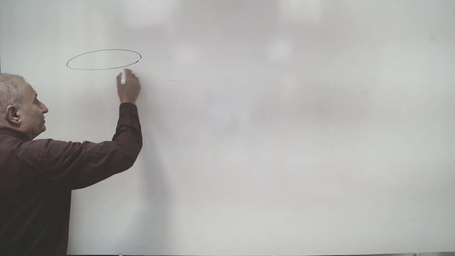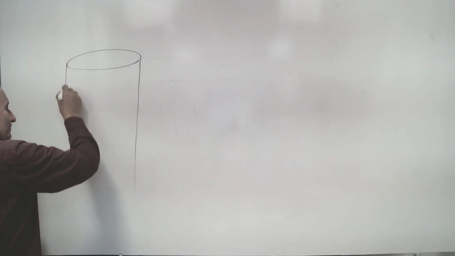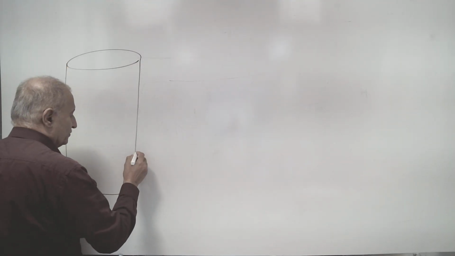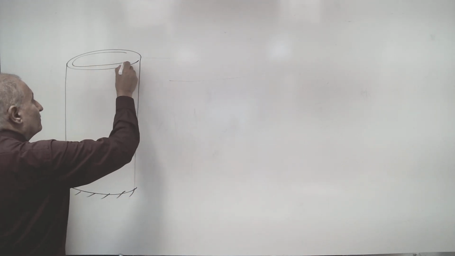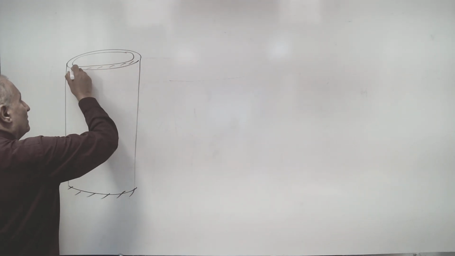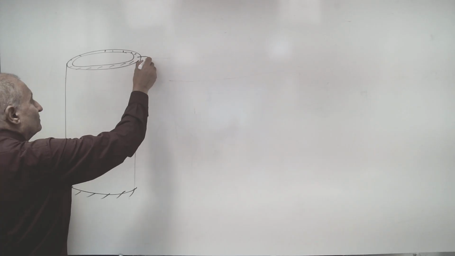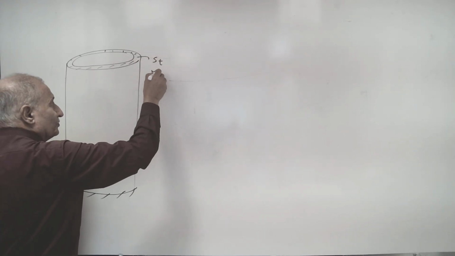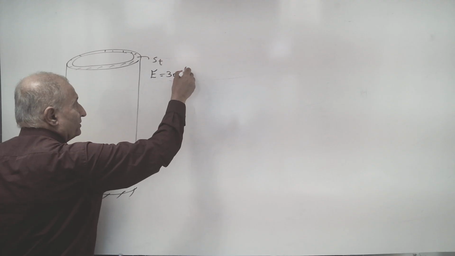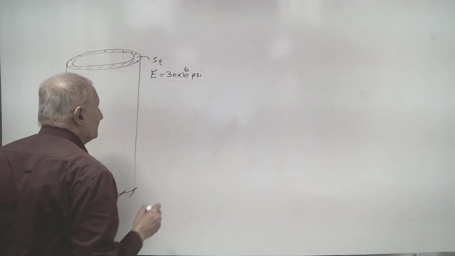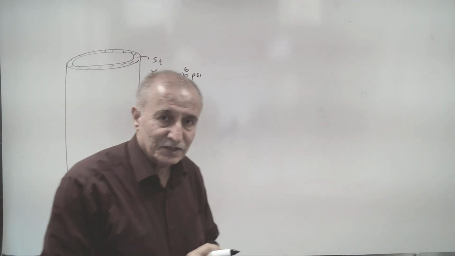If we have a steel tube, that's a steel, modulus of elasticity 30 times 10 to the power 6 psi, for example, construction steel.